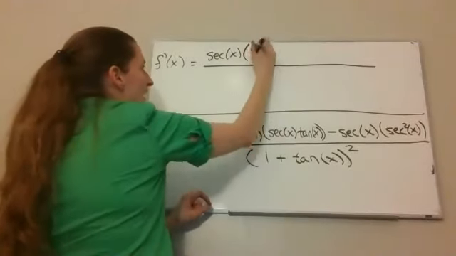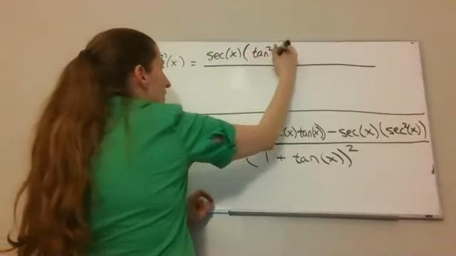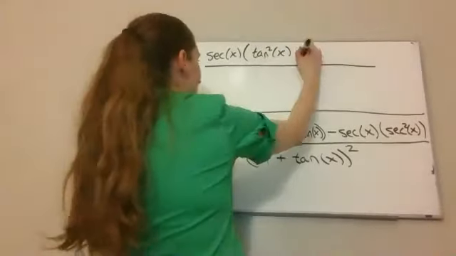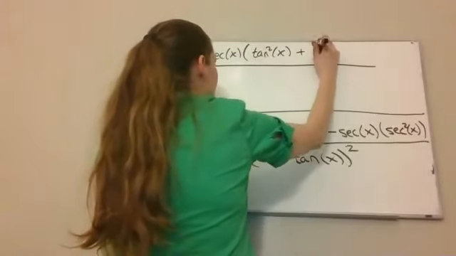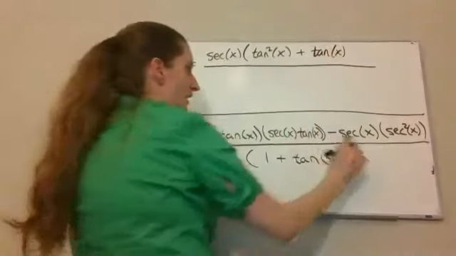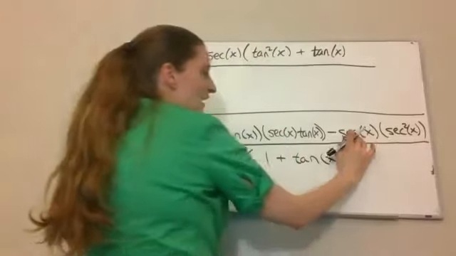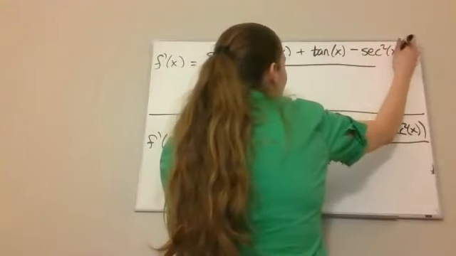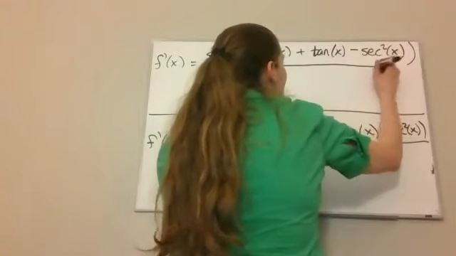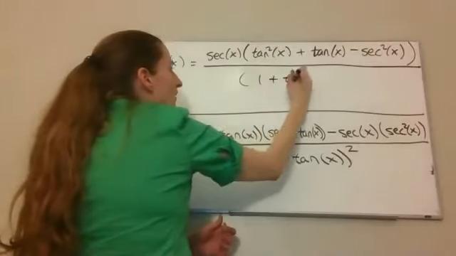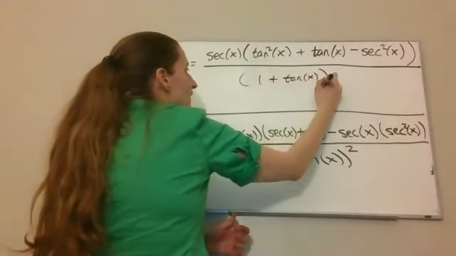So I'm going to get a tangent squared of x and a tangent x. And I also, when I pull the secant out of this piece, I'm going to have a minus secant squared x, all over 1 plus tangent x squared.